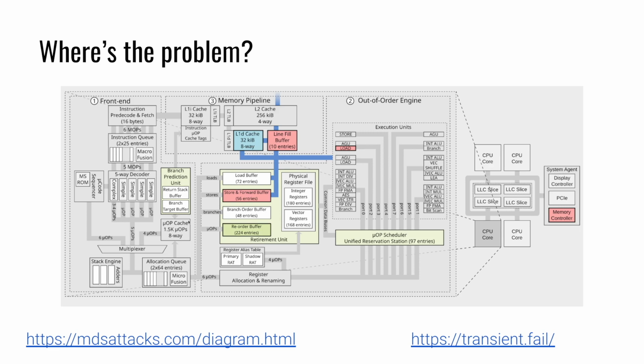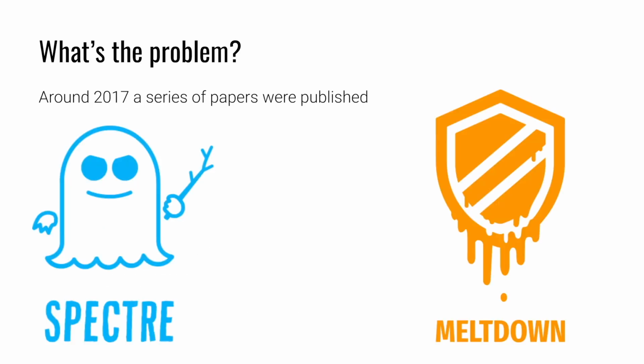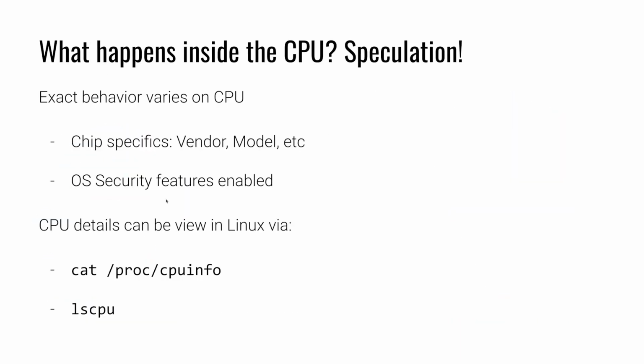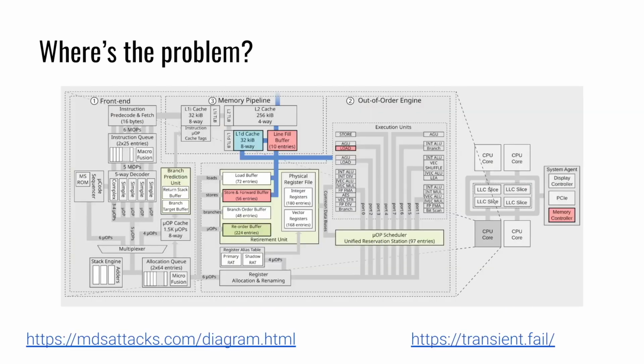And so if you can influence this branch prediction unit, then you can influence the behavior of this speculation that is completely invisible to us as mere users of the CPU, right? This is something that's completely hidden from us, and that is just by modifying the behavior of this component.